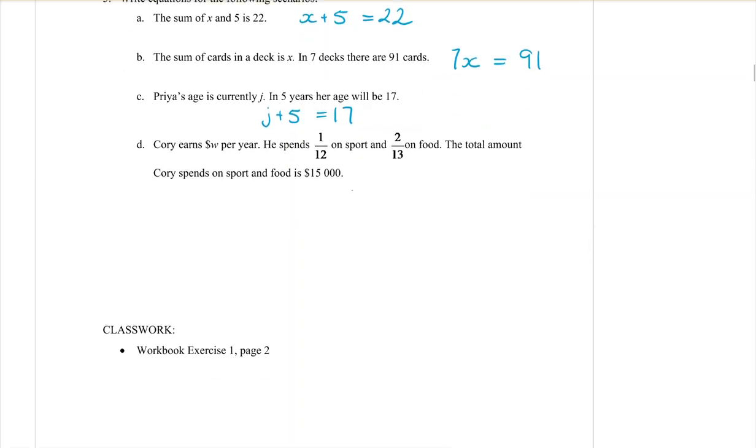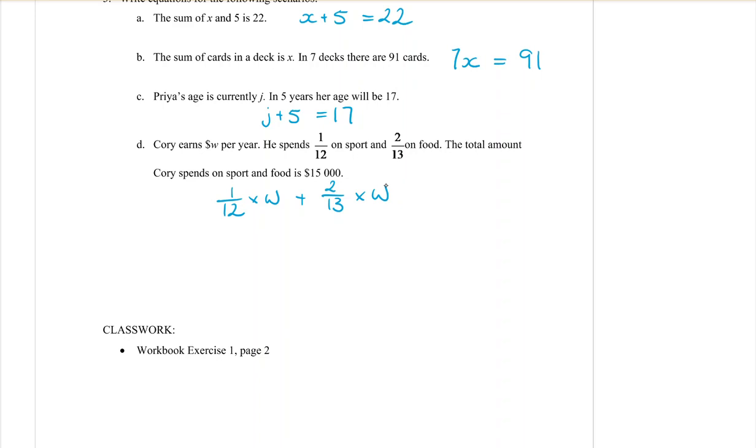So, if he spends 1/12 on sport, he spends 1/12 of, or times, the W, because we just know W is the amount of money that he earns, right? Plus, he's going to spend more money than that. He is going to spend 2 out of 13 on food, so I'm going to times that by the W as well, because each of those fractions are of the amount that he earned.